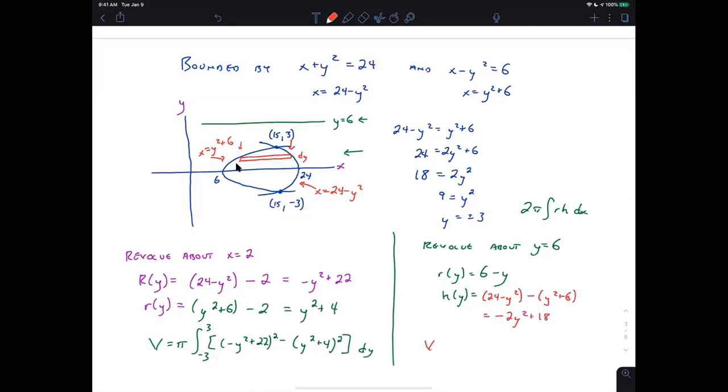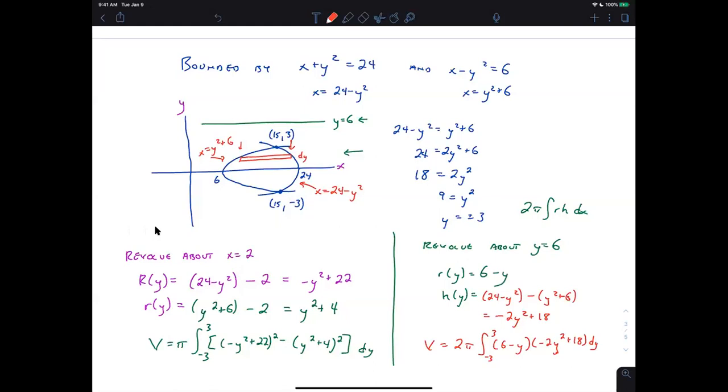And so then the volume is 2 pi integral r times h times the thickness dy. And we add for every y in the region, which is negative 3 to 3. Questions on that setup? Okay.